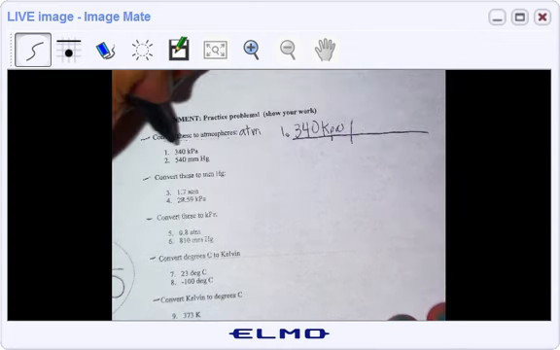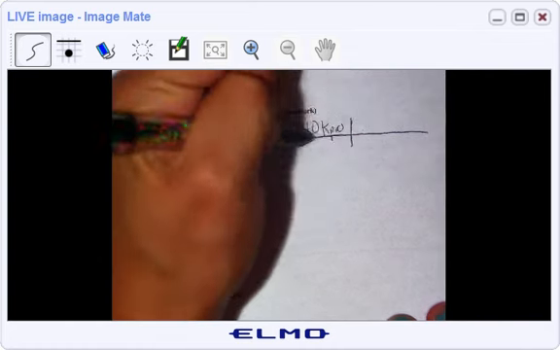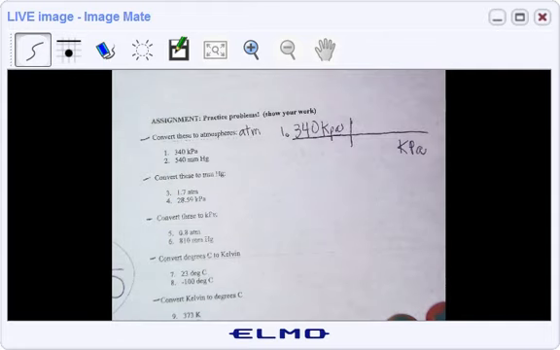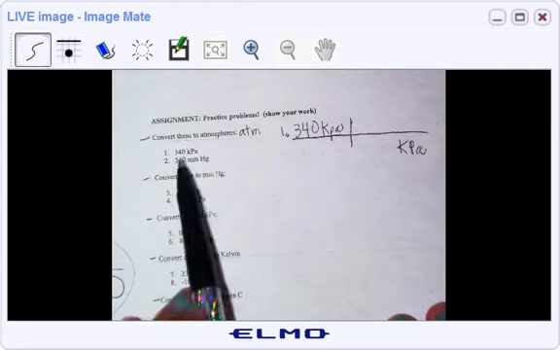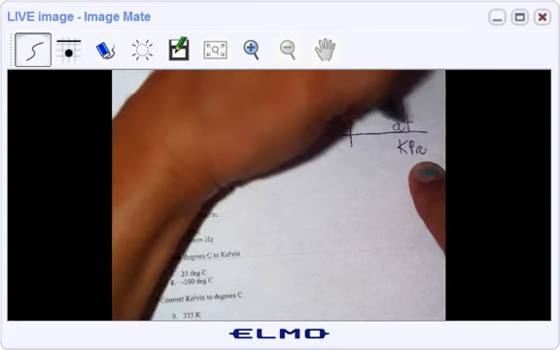Okay, and I want ATMs. This has to be kPa. And ATMs, 1 ATM.